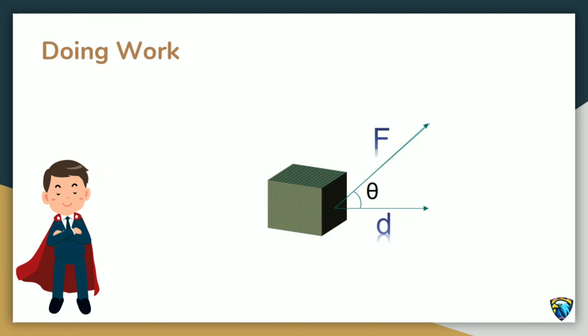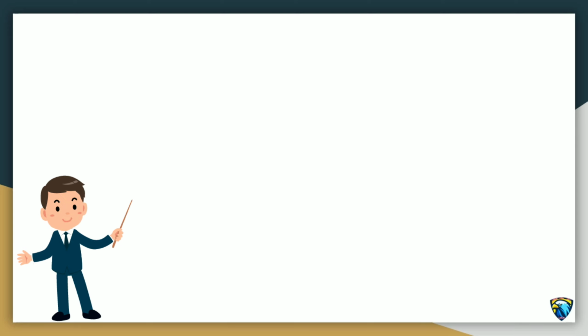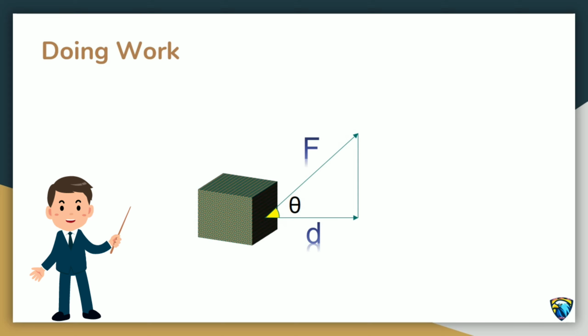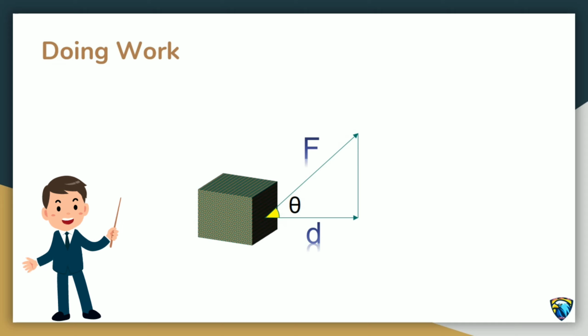Now, how do we calculate the work done for this case? As we saw here, force is along the string and the displacement is along the x-axis, but we want to calculate the force in the direction of displacement. So for that, consider a right angled triangle here. Theta is the angle between the force and displacement.